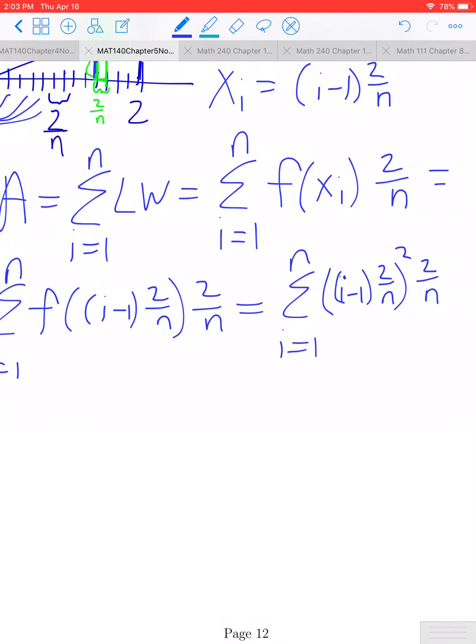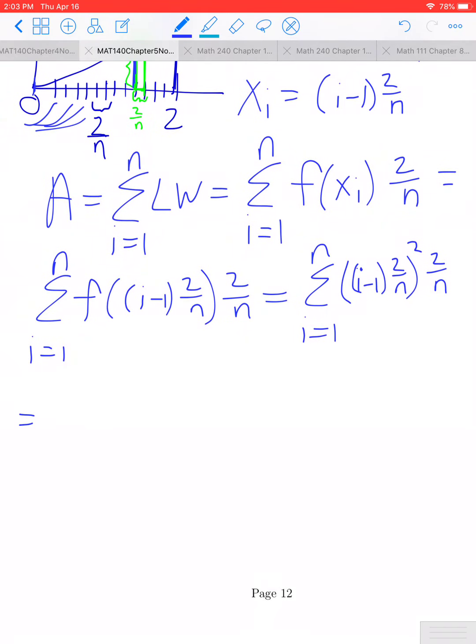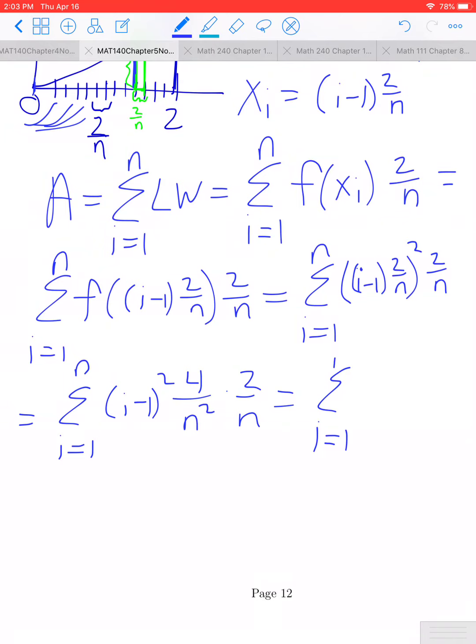Let's simplify the sum. This is equal to the sum from i equals 1 to n of i minus 1 squared times 4 over n squared times 2 over n, which is equal to the sum from i equals 1 to n of i minus 1 squared times 8 over n cubed.